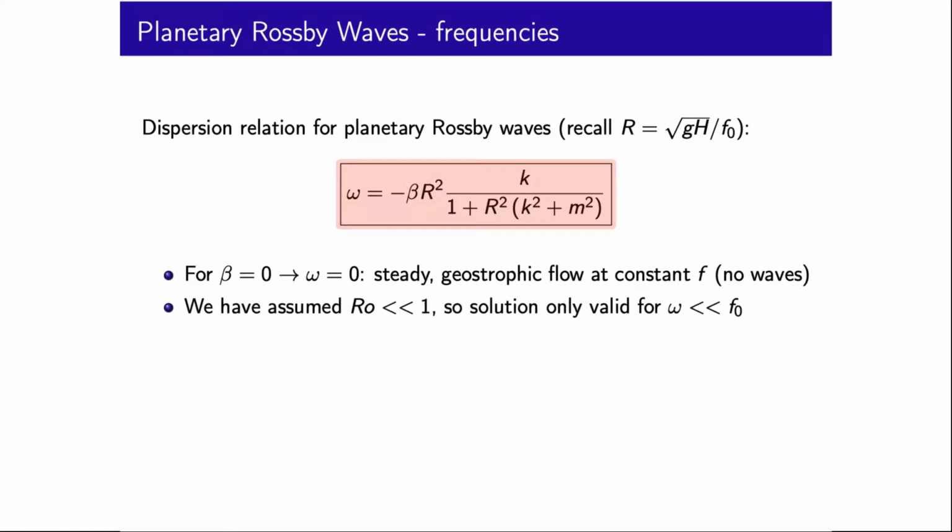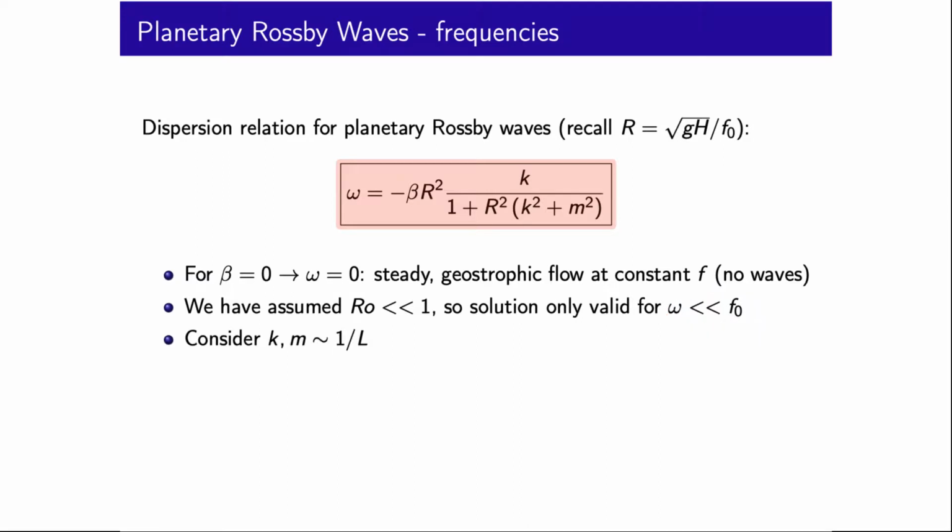Now we have assumed that the Rossby number is small, that is, the wave speed of the perturbations are small and/or the wavelengths of the perturbations are large. Either way, this means that the solution is only valid when the frequency of the perturbations, omega, is much smaller than the frequency of Earth's rotation.